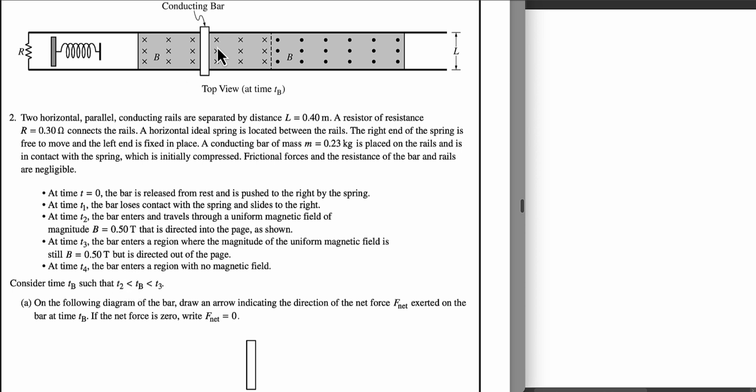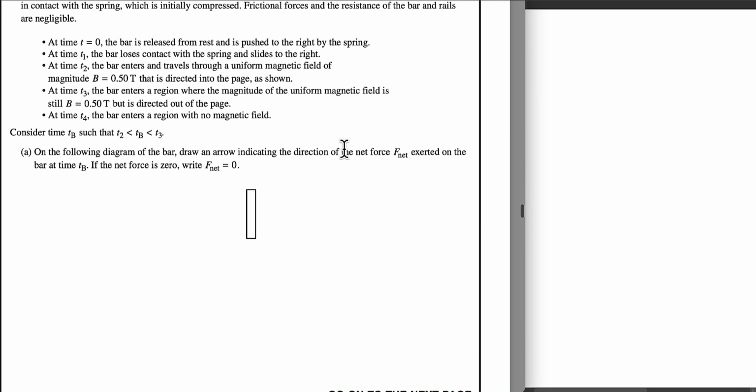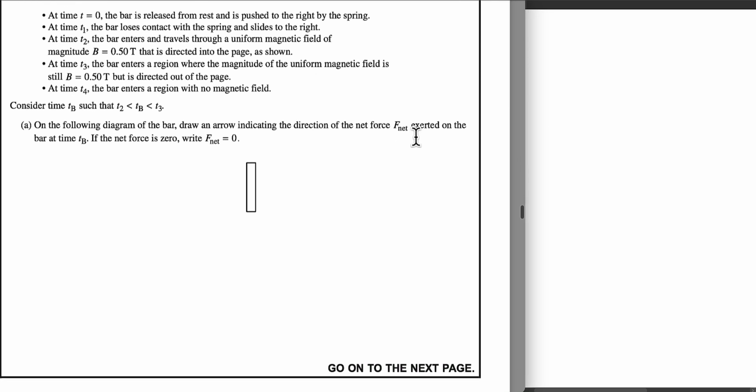So here is T1 and T2 is here. So T2 and T3 is in this region, the first magnetic field region. On this diagram here, draw an arrow indicating the direction of the net force exerted on the bar at time TB.